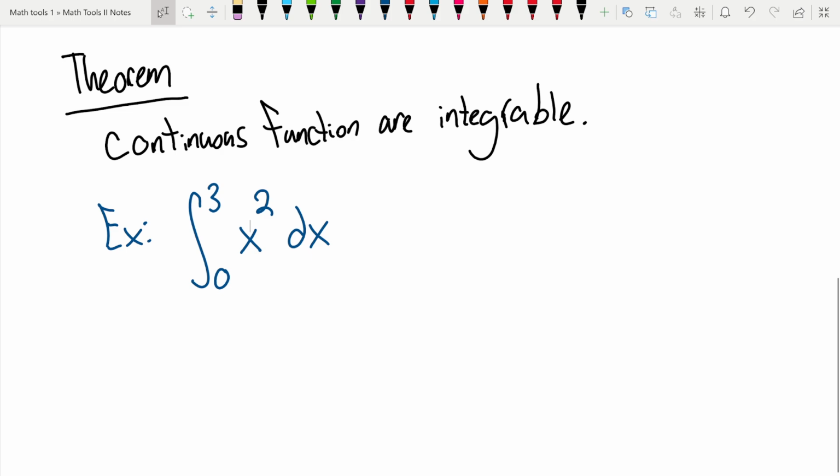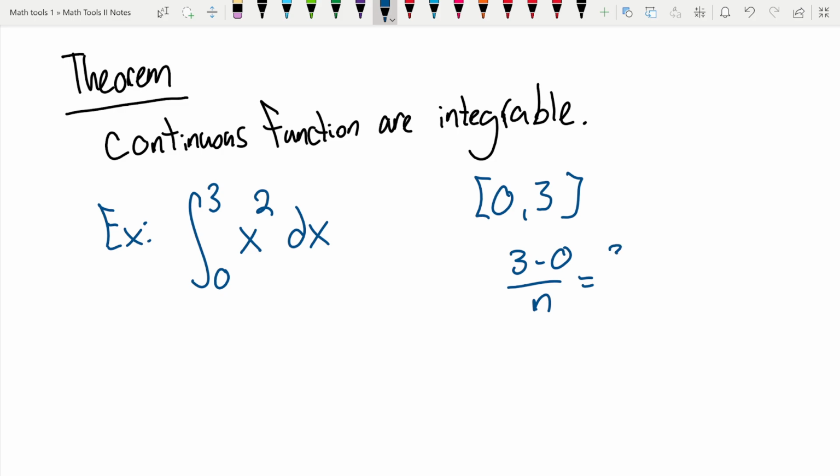First we want to take a partition on 0, 3. The width here is going to be 3 minus 0 over n. We want to keep n in the expression so that we can eventually take the limit as n goes to infinity, right?